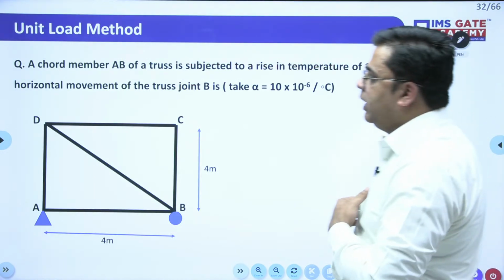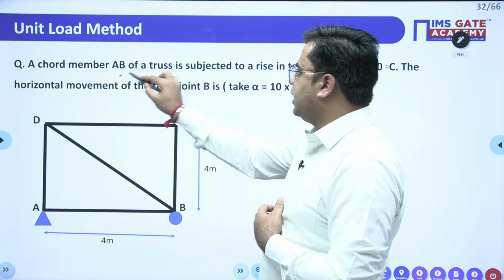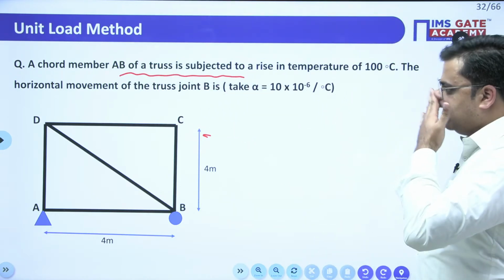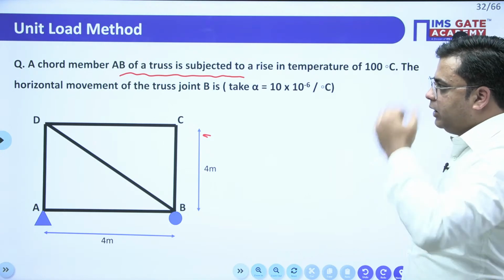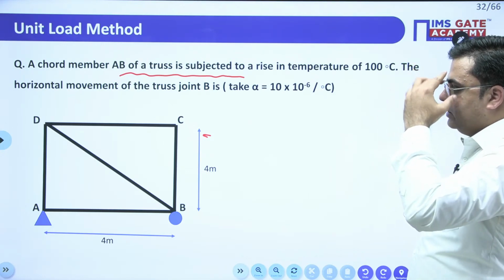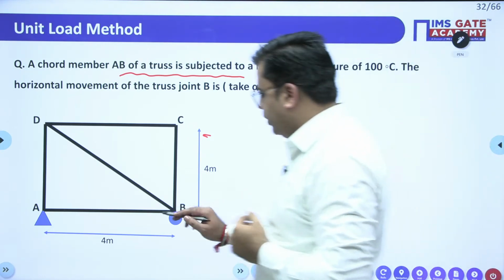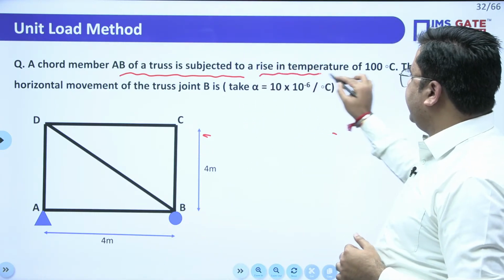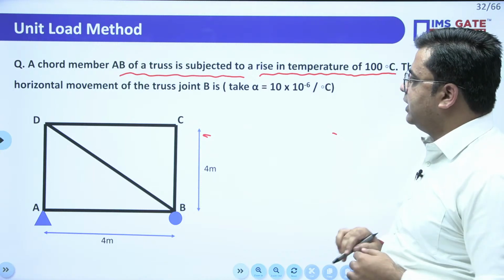Next is, a chord member AB of a truss is subjected to the rise in temperature of 100 degrees Celsius. The horizontal movement of the truss joint B is, it is subjected to the rise in temperature of 100 degrees Celsius.